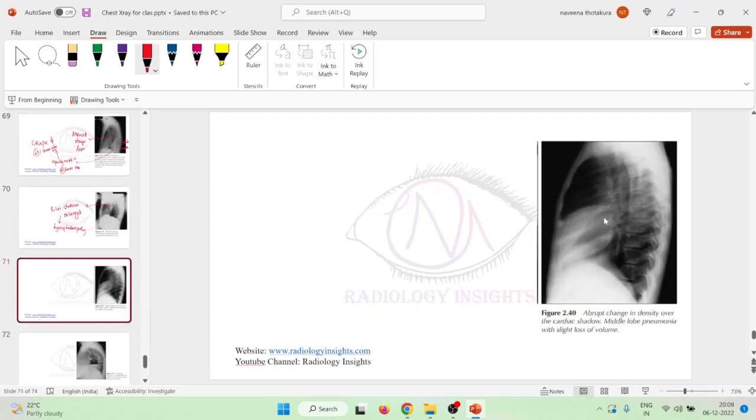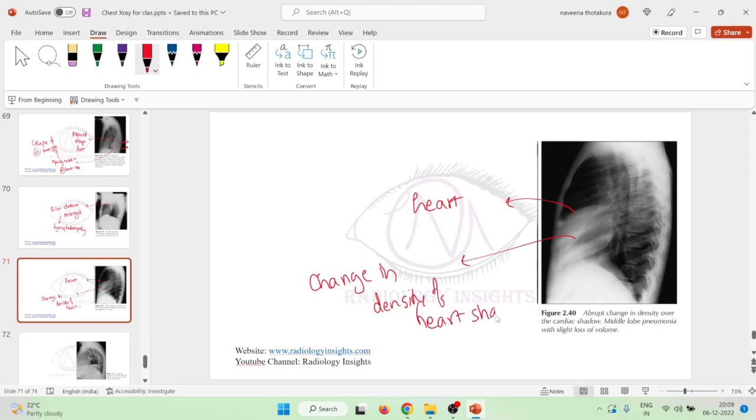Then, one important thing you can see in the heart: this whole part is the heart, but here you can see that there is a change in density of the heart shadow. This part is whiter when compared to this part.